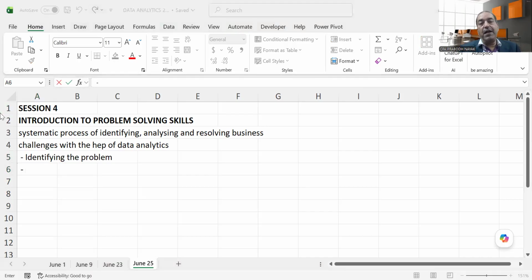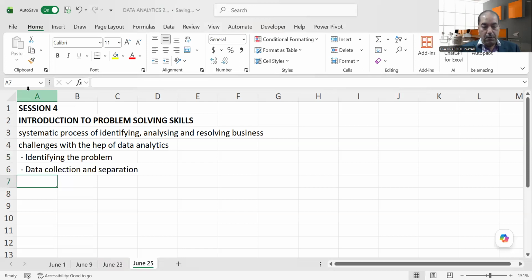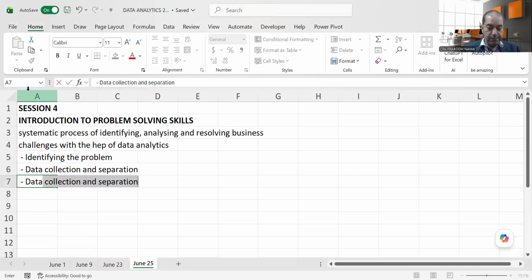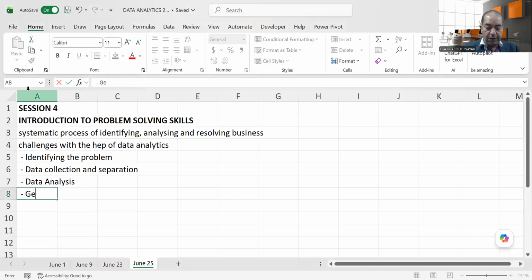Second step is data collection and preparation. Collection of data and preparation. Third is what we call data analysis. Okay. Fourth step will be generating insights after data analytics. You are generating insights.